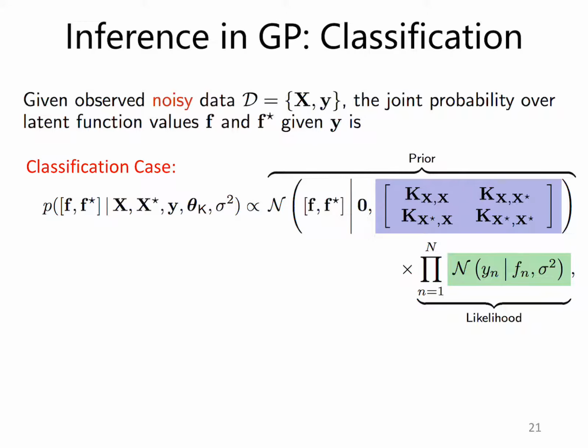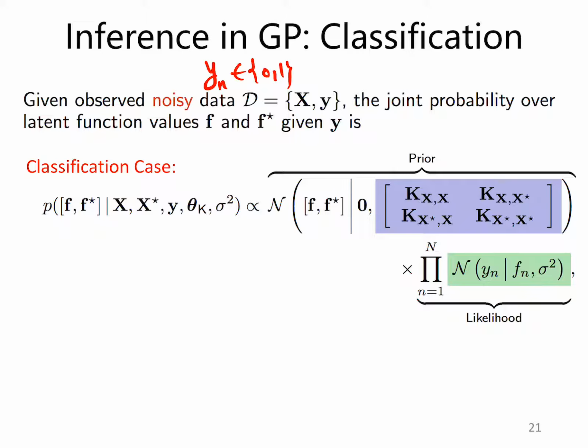The problem becomes slightly more difficult when you have a likelihood that does not have a closed form, that does not look like a Gaussian. An example of that is, let's say that you have a y for classification that produces 0 or 1 for you. Then your likelihood is not going to look like a Gaussian, because it depends on what kind of noise you have.